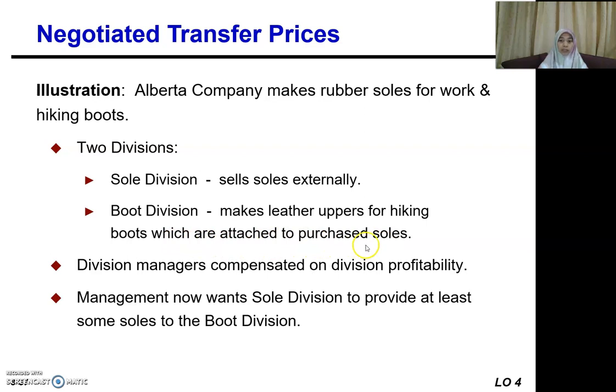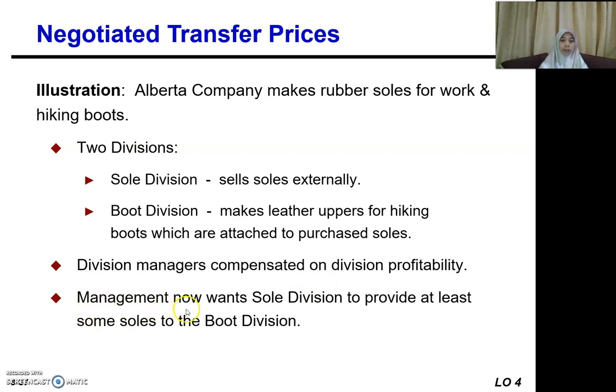So they purchase the soles, put on the leather upper, and then sell the finished product. Division managers are compensated on division profitability. That means managers are evaluated based on their division's profitability. Of course, they want a higher profit compared to a lower one.